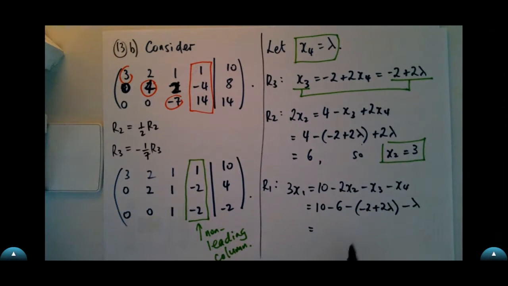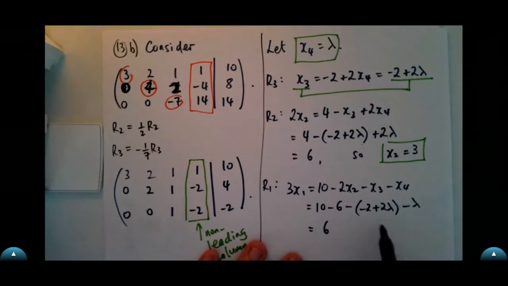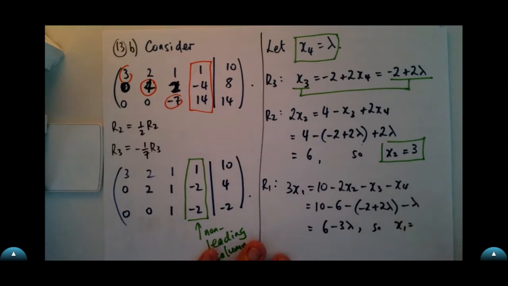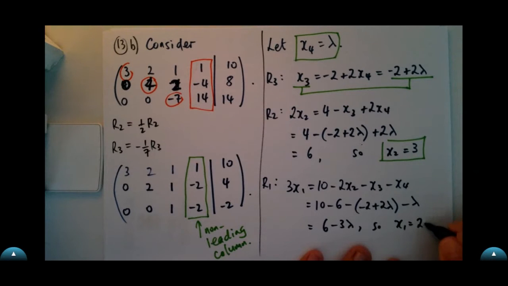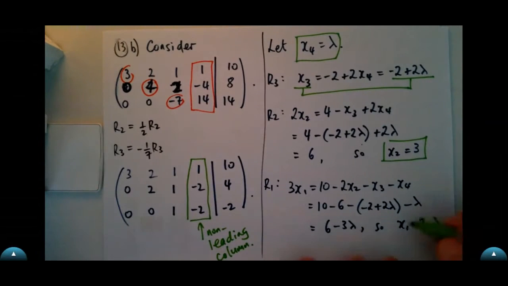Okay, so what are we going to get there? We're going to get 4 plus 2, which is 6, and negative 2 lambda minus lambda, which would be negative 3 lambda. So x1 is going to be 2 minus lambda.